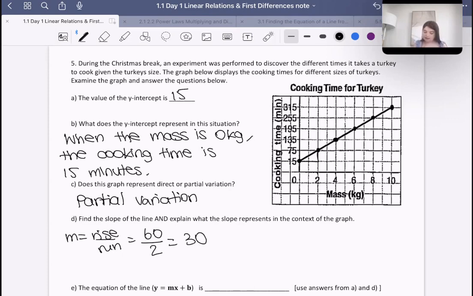Now it asks us what it represents in the situation. Basically, it represents the amount of cooking time per kilogram.